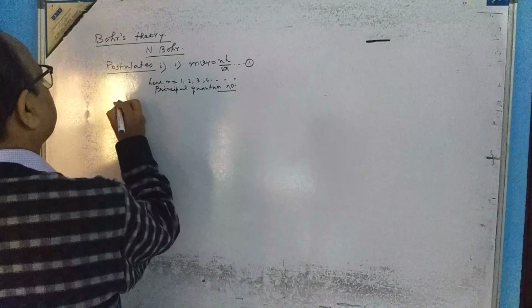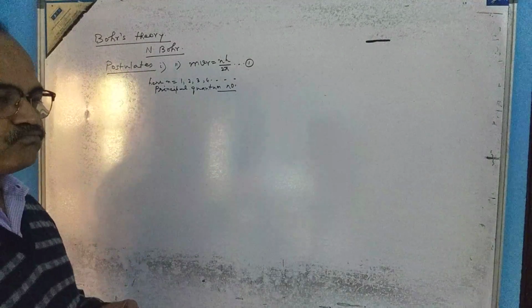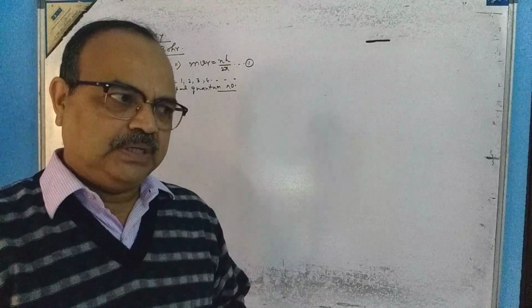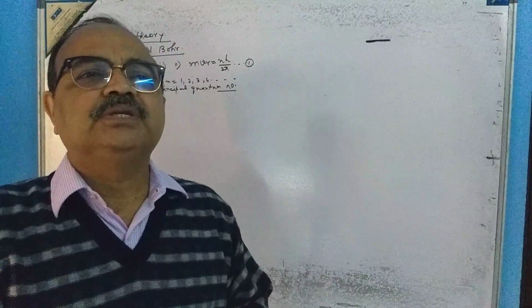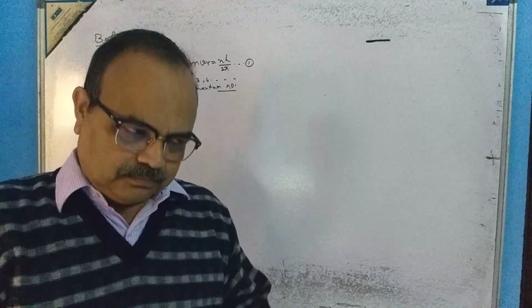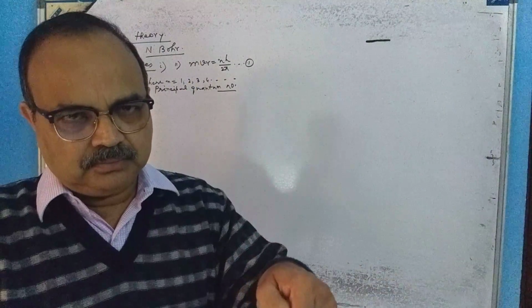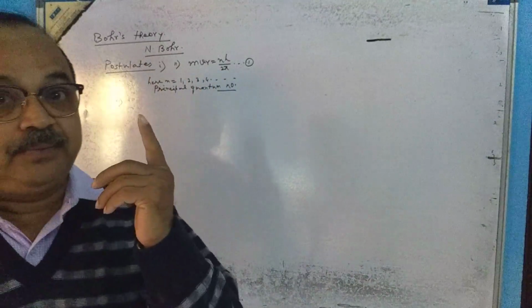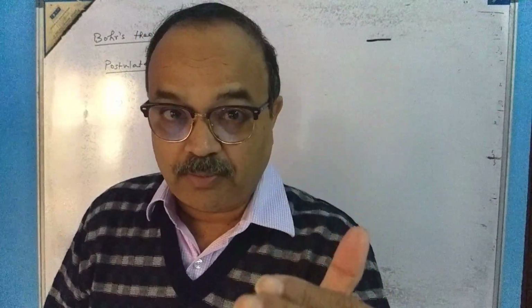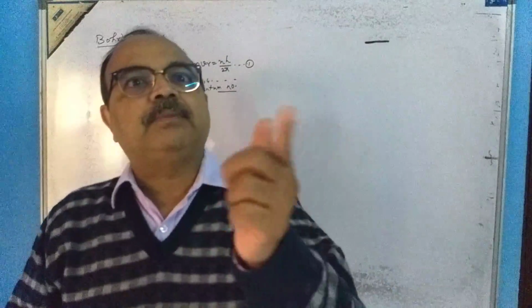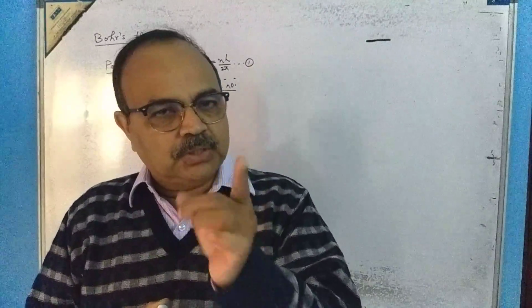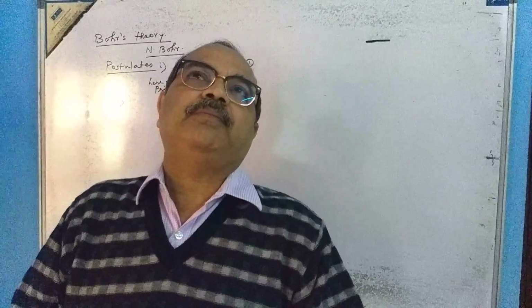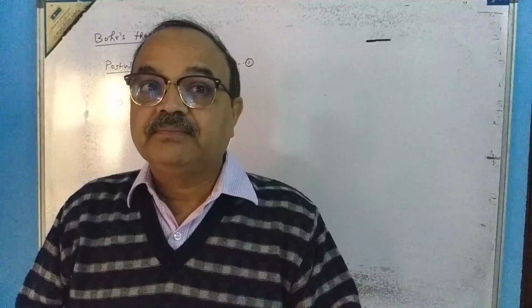Then number 3. While electrons revolve in the permitted orbits, that means the orbits where the angular momentum is quantized, what happens there?